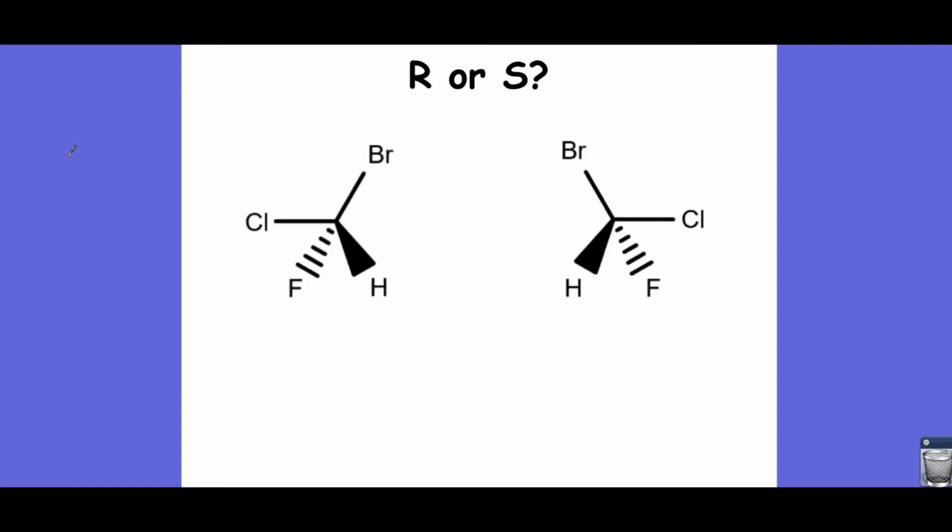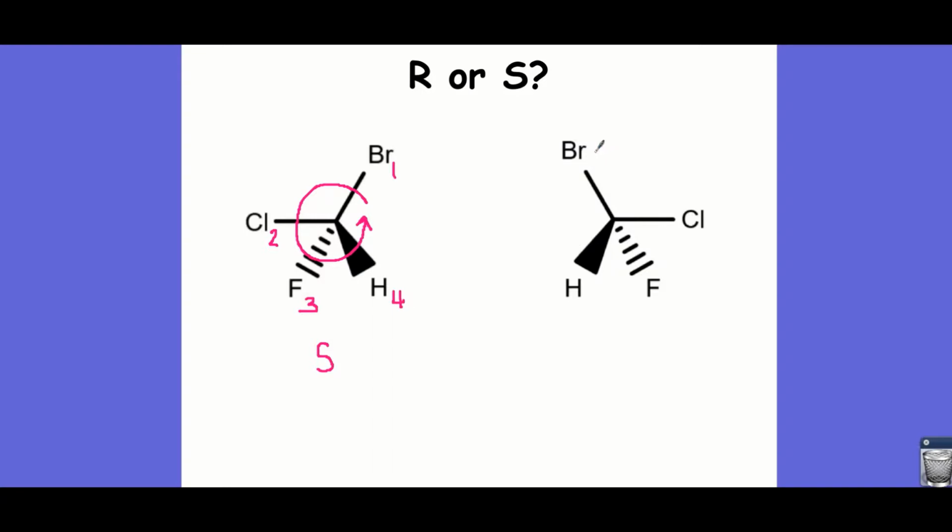Let's try and figure out which one is R and which one is S. If we start with the one on the left hand side, we have substituents bromine, hydrogen, fluorine and chlorine. Bromine has the highest atomic mass, followed by chlorine, followed by fluorine and hydrogen. So if we follow this numbering round, we are following it in an anti-clockwise direction. So this will be the S isomer.